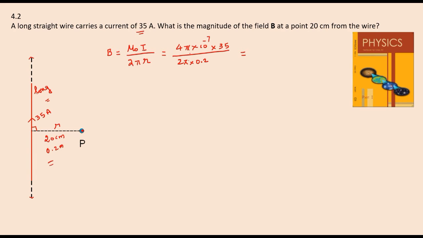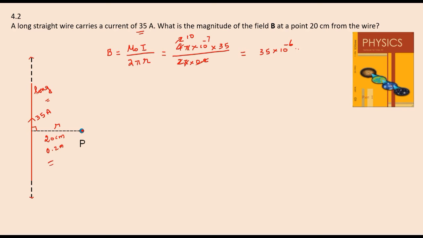Pi and pi will go, this 4 and this 2 gives 2, and this 2 here, this is 0.2 here, so 10 times. So you will get 35 into 10 to the power of minus 6.